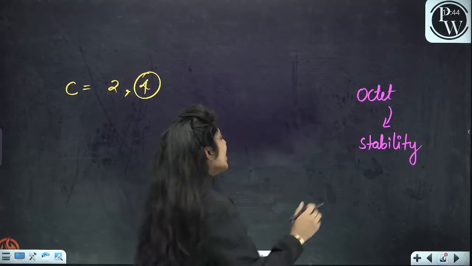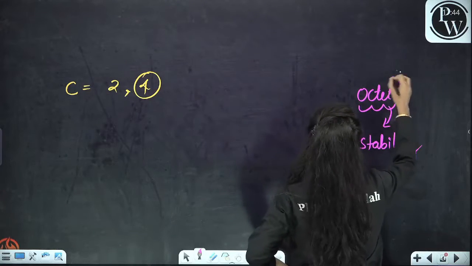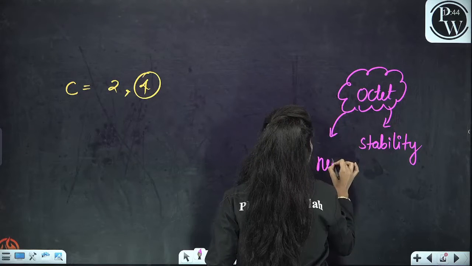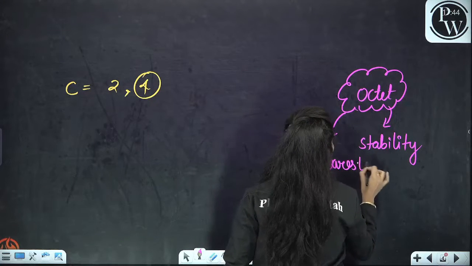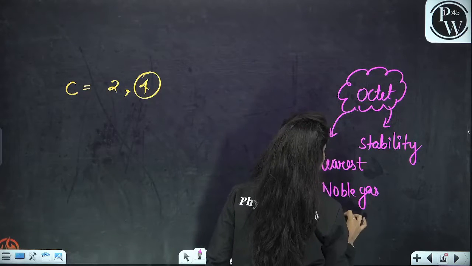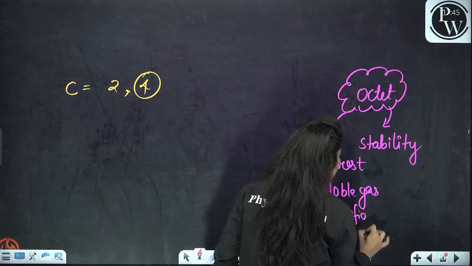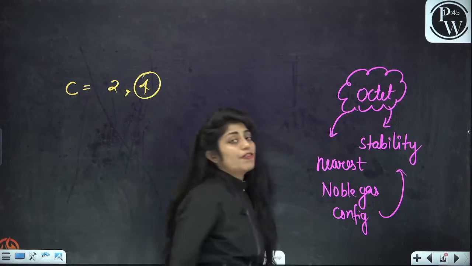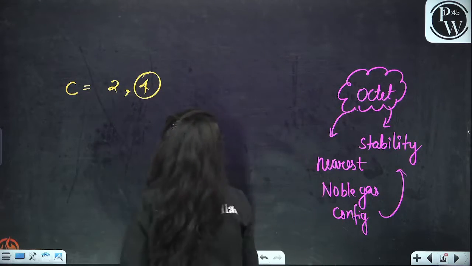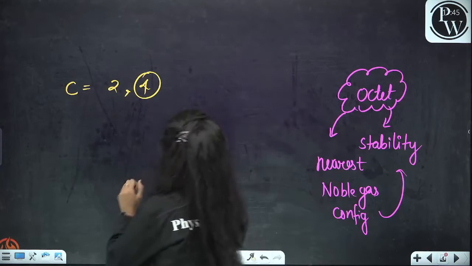So whether we follow the octet rule or the nearest noble gas configuration, both are the same thing and they are for the stability concept. So, are we getting it? Now, let's discuss carbon.